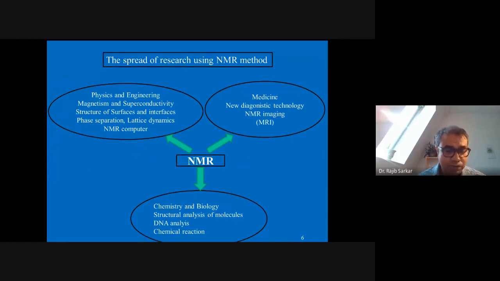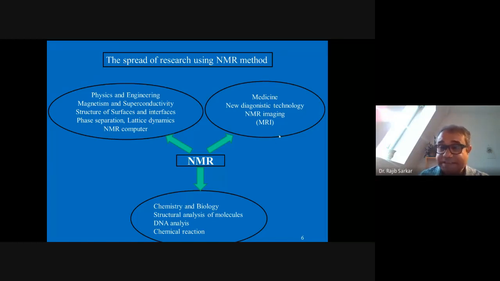Here, I would like to tell you about the application range of NMR. In the beginning, I told you that NMR is now an extensively useful technique for different fields of science, and I will try to tell you in three ways. For example, you can use NMR in physics and engineering, like magnetism and superconductivity, the structure of surfaces and interfaces, phase separation, lattice dynamics, and in modern times NMR computers.